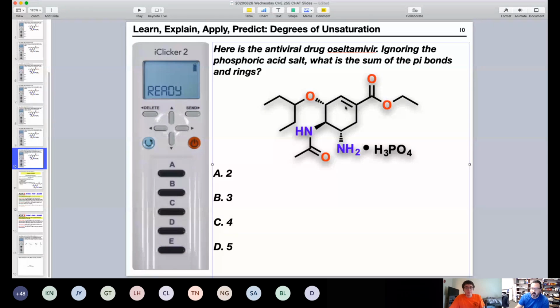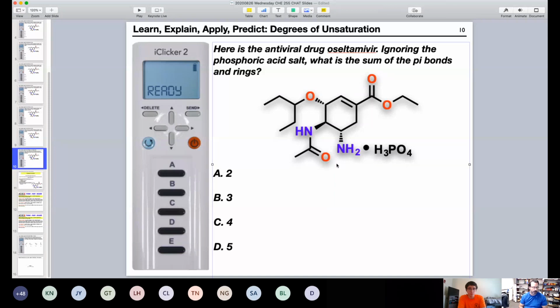We have a carbon-carbon pi bond. Then we have a carbon-oxygen pi bond. So of the carbon-oxygen pi bonds, are those the same type of carbon-oxygen double bonds? So is this double bond the same as this double bond?